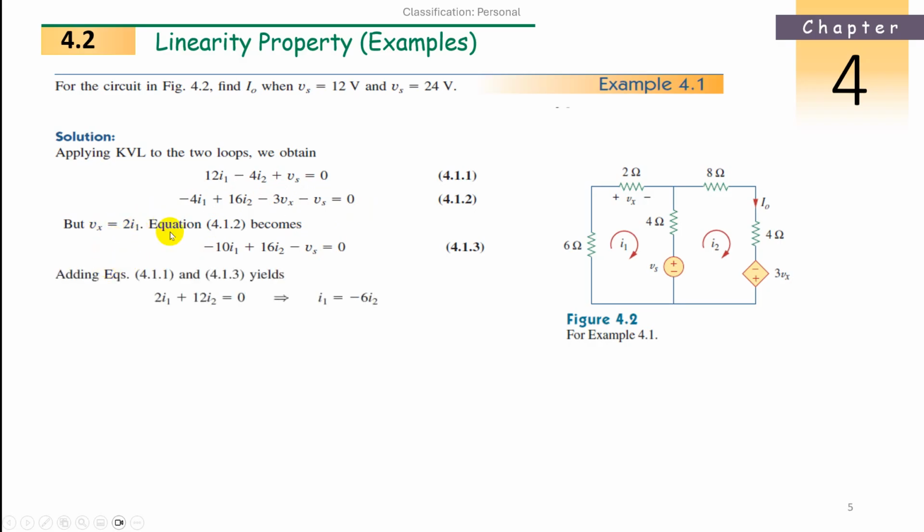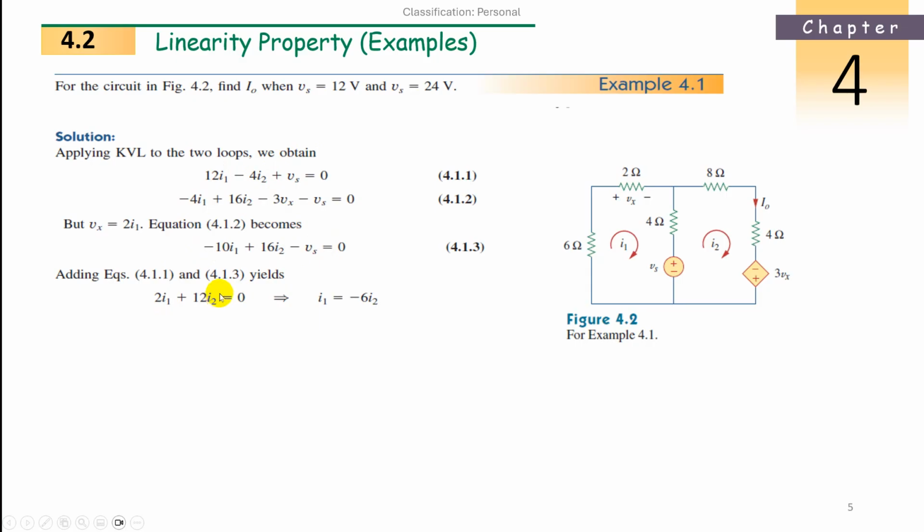Now adding these two equations, equation 1 and equation 3, we add them. Add 12 I1 and minus 10 I1, it will become 2 I1. Now add minus 4 I2 and plus 16 I2, that is 12 I2. Now add plus Vs and minus Vs, cancel out, 0.